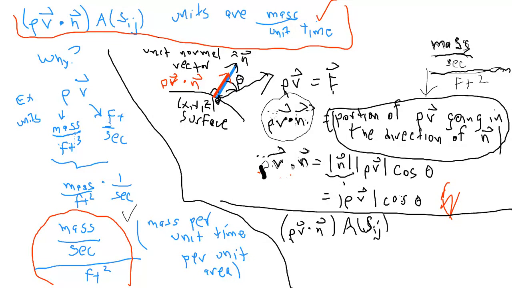Well, what are the units? You have mass per second per feet squared times area, which is feet squared. And so the units have to be mass per second.